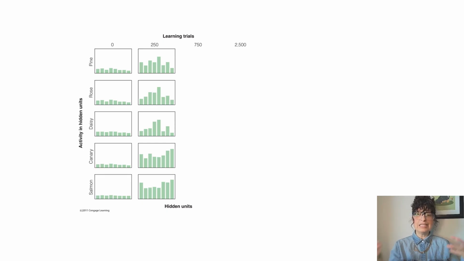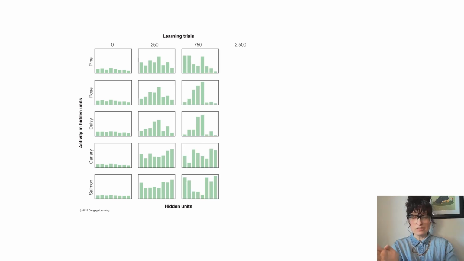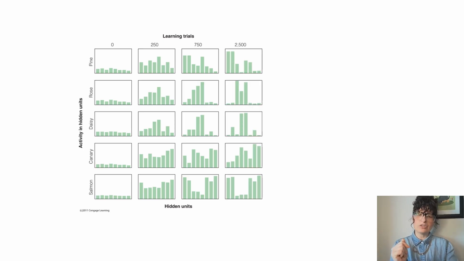And these errors that are being generated in the first sets of trials get propagated back through the system and are used to adjust the connection weights. So after 250 trials, we're seeing some differentiation. At 750 trials, we're now seeing some very specific patterns starting to emerge. By 2,500 trials, we have very specific patterns of activation so that new examples are going to be easily categorized.